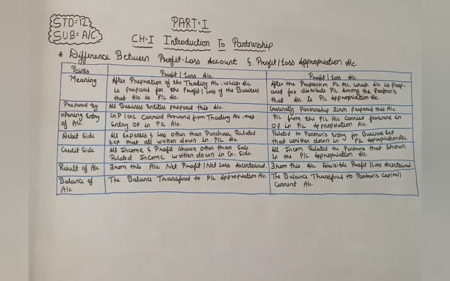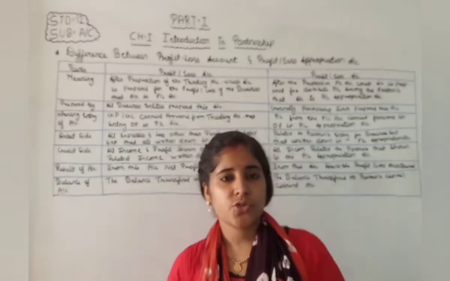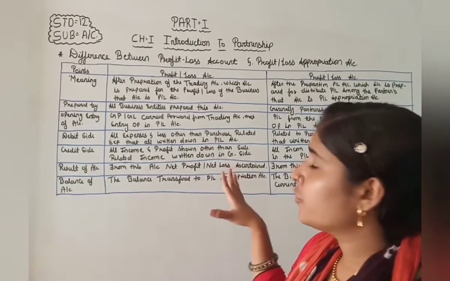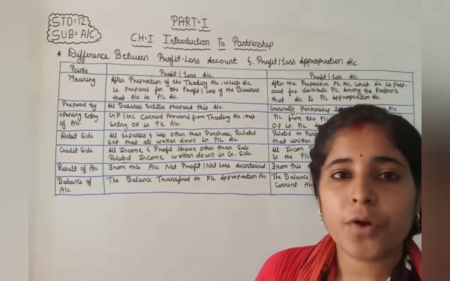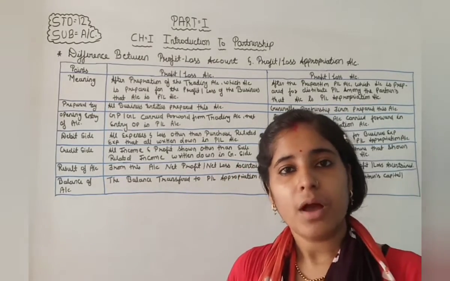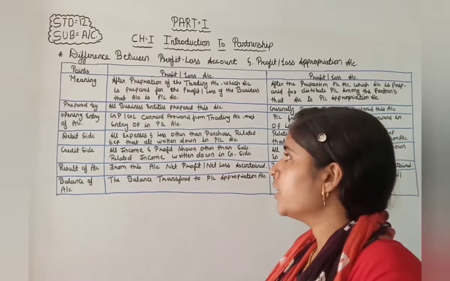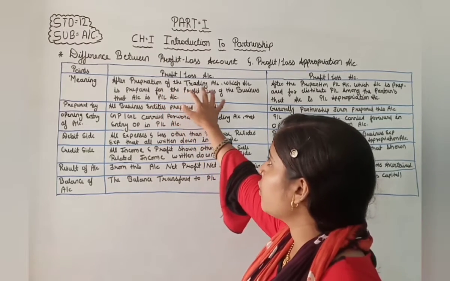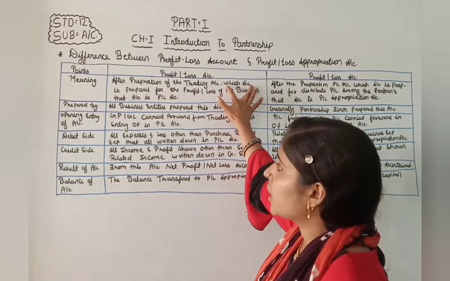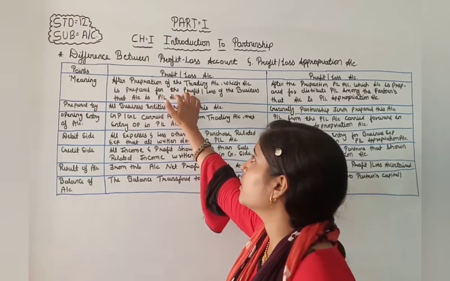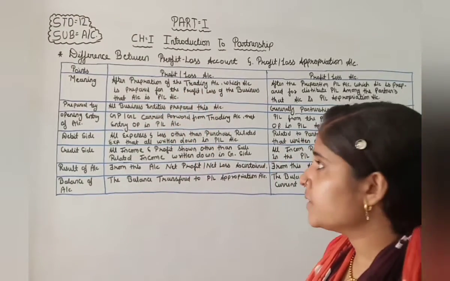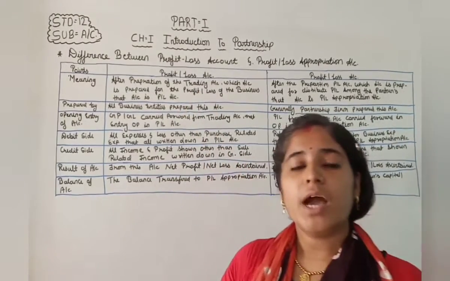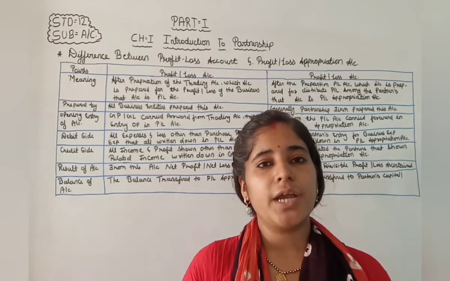Now we are going to the next topic, that is the difference between profit and loss account and profit and loss appropriation account. So here the first point is meaning. After preparation of the trading account, the account which is prepared for the profit or loss of the business is the profit and loss account. We prepare the trading account, profit and loss account and balance sheet at the end of the year.